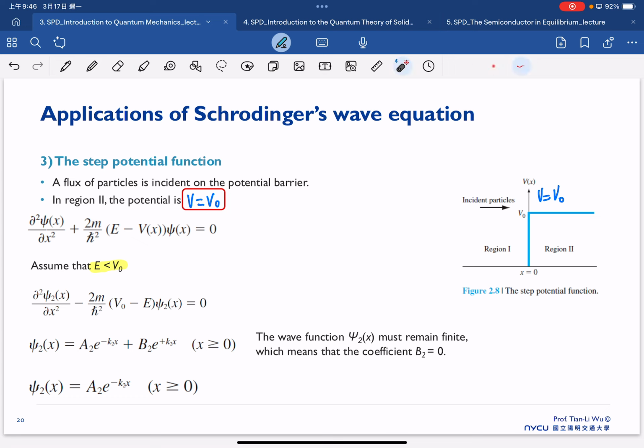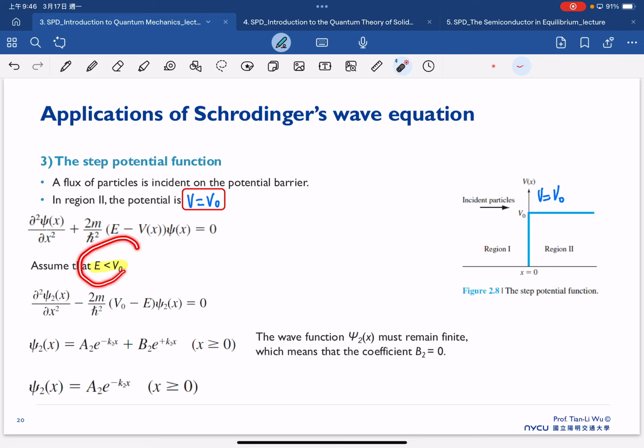If the energy is larger than the barrier, for sure the particle can already cross this barrier and reach the other side. But what we want to consider is the case where our energy is smaller than our potential barrier, which is more realistic in our semiconductor devices.